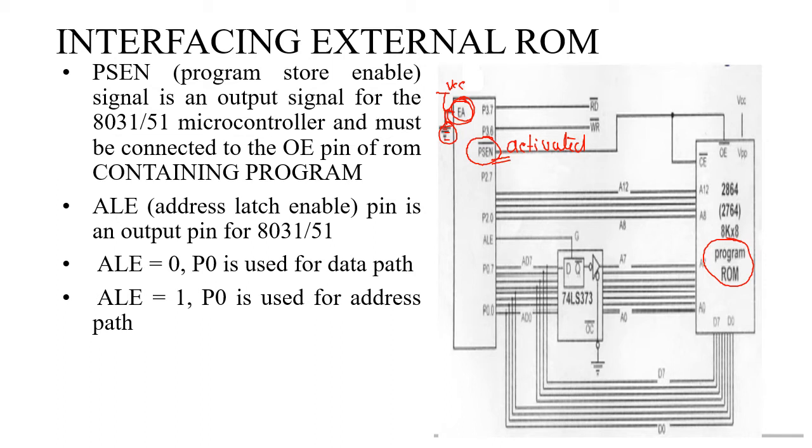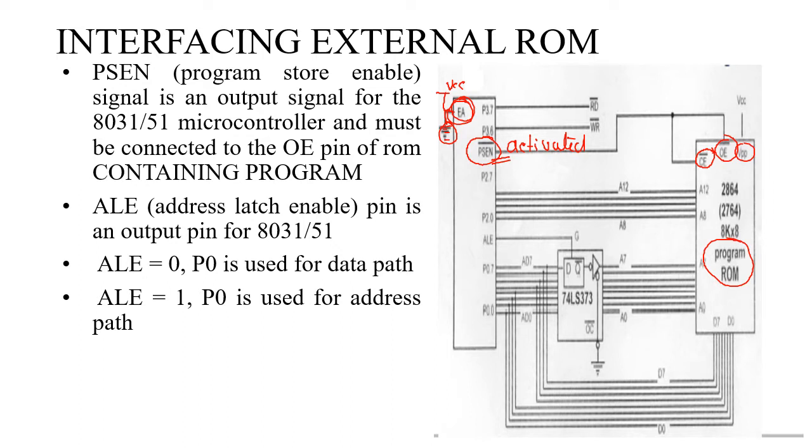So in order to activate the program store enable pin, the external access pin has to be grounded. When the program store enable pin gets activated, it will send an active low signal, which will be connected to the chip enable and the output enable pins of the ROM. In case of ROM, we have the data lines, the address bus, the supply VPP, and two other signals, chip enable and output enable.